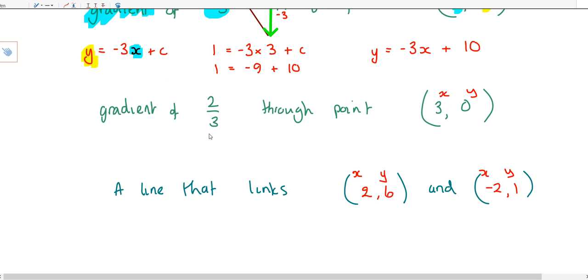So we have y equals 2 over 3x plus c. So x is 3, y is 0. Now, hopefully, well actually no, we can work with fractions. So you do 3 times 2, which is 6.